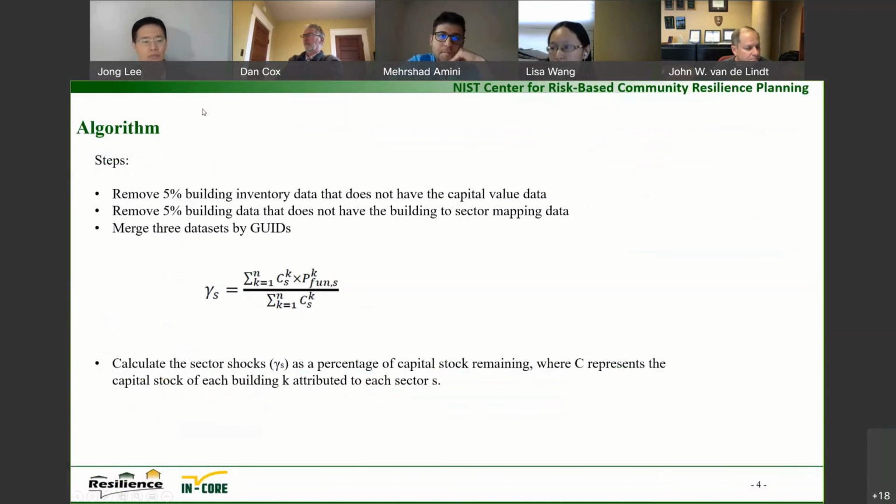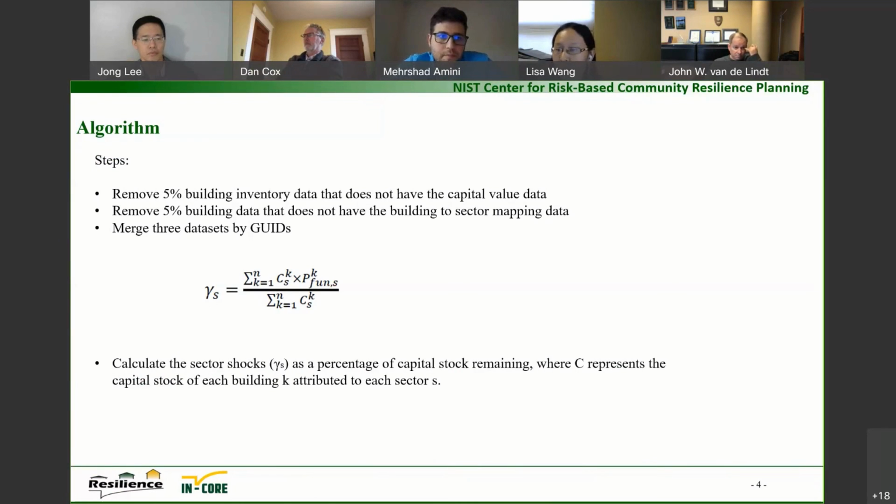In the final slide, I will mostly introduce the algorithm. For this module, the algorithm is relatively simple. First we need to filter the data, because we cannot have a perfect dataset, and more or less it will have some data missing. The Joplin testbed is well organized, but still has some data missing, so we need to remove around 5% of the data.